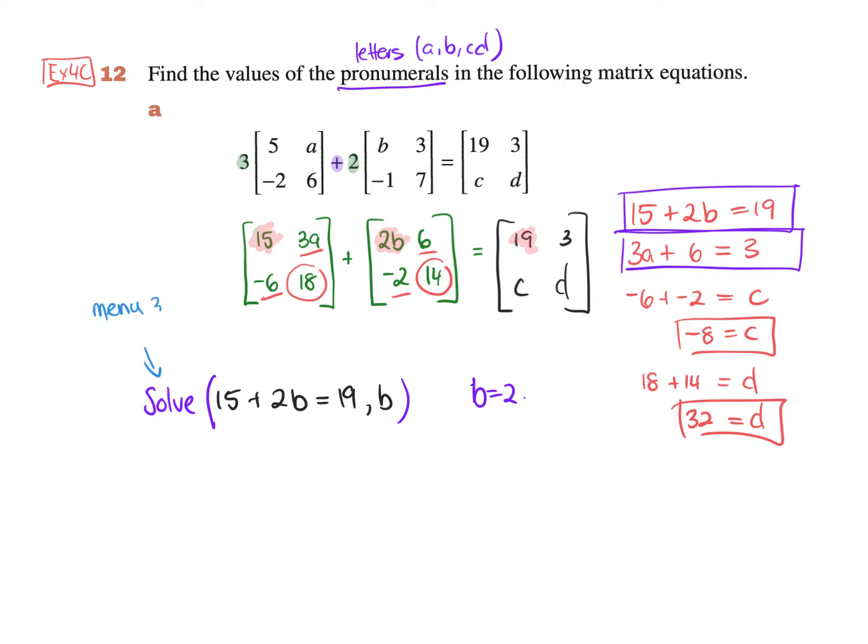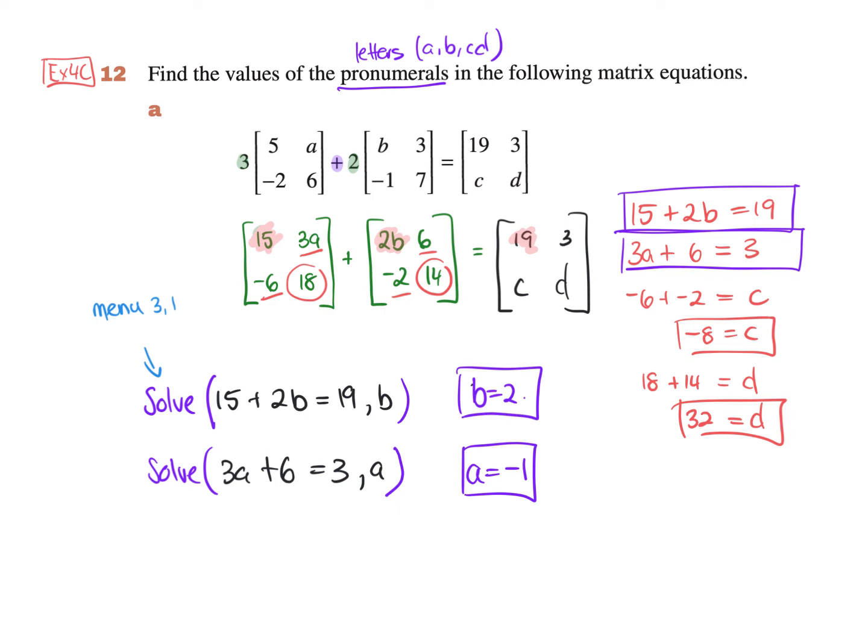Menu 3, 1 is often how kids remember it quickly. Then we do the other one that we don't know, solve 3a plus 6 equals 3, comma A, and you'll end up with A equals negative 1. Okay, so now you've found your 3 letters.